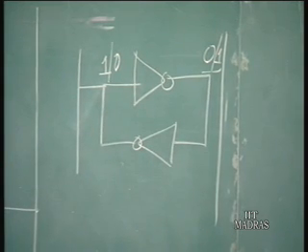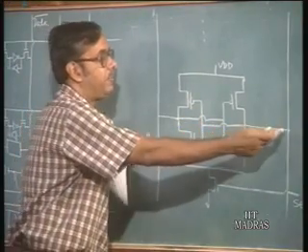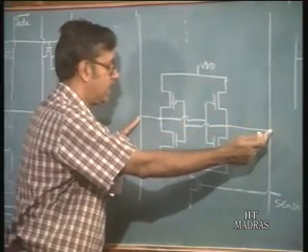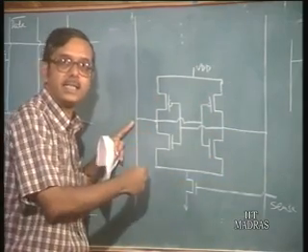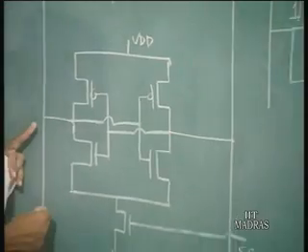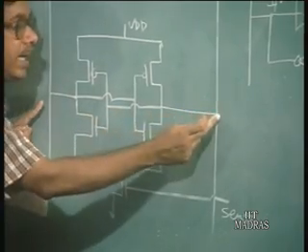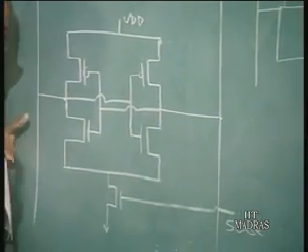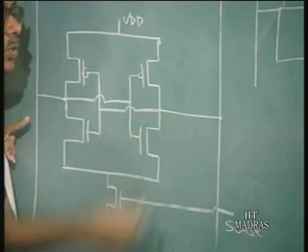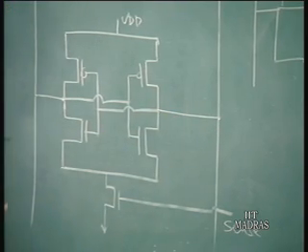Okay. Now, what happens is, if you consider this, if we maintain the data and data bar lines at the same voltage, and then if by some mechanism or some reason one of the voltages is changed by a small amount.